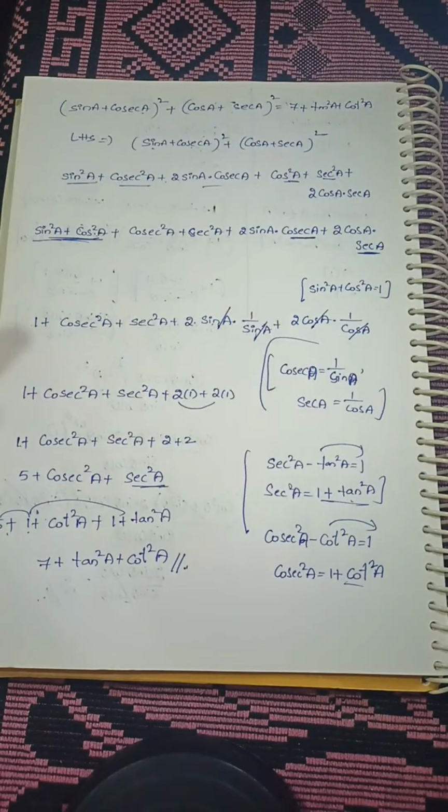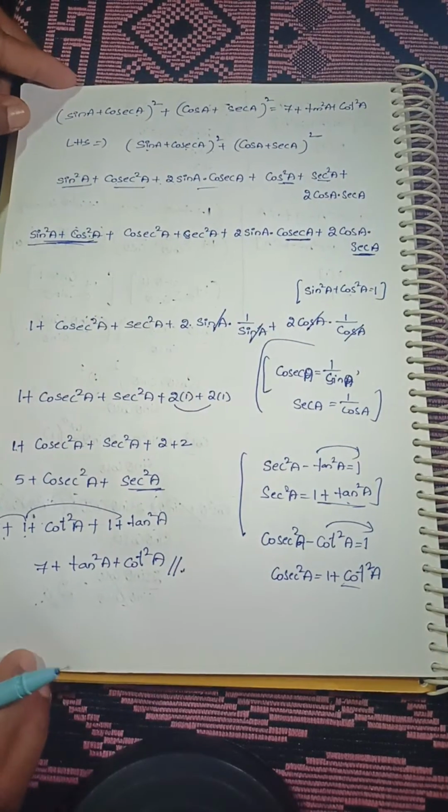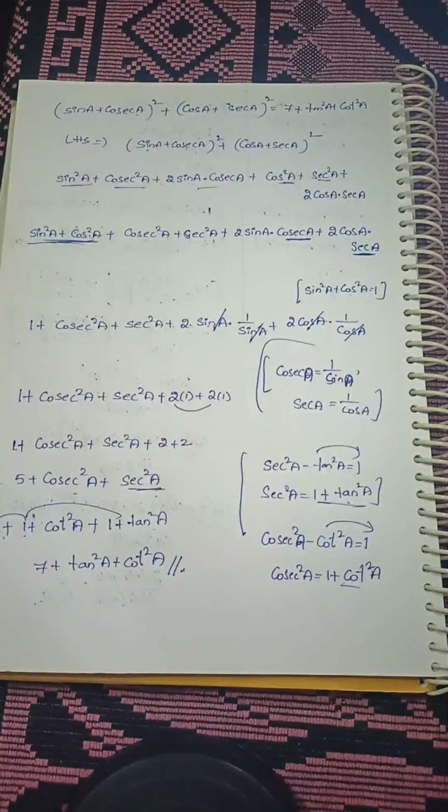So I'm going to explain 2 more problems, then I'll try to close it. 4 problems are left, those 4 problems I am going to explain. After that, I'm closing this session.